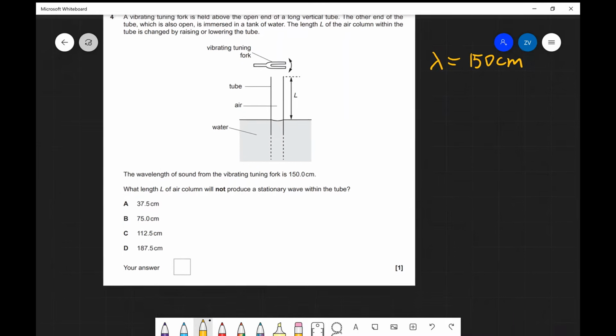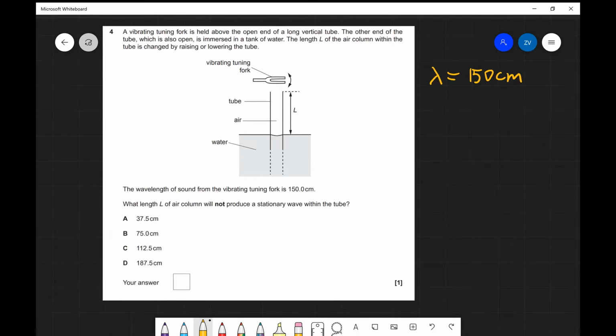Well, the first thing to remember is that if we have a standard stationary wave with a node, an antinode, a node, and so on, shall we just draw a little stationary wave here? Let's say this could be our second harmonic on a piece of string.